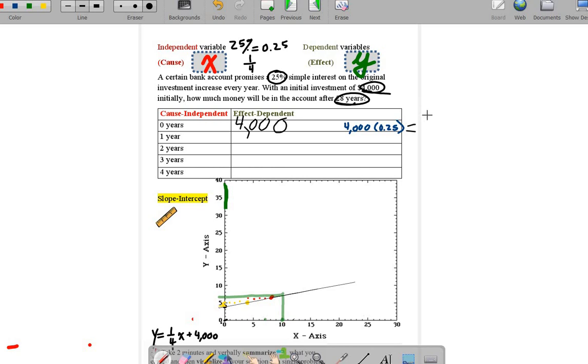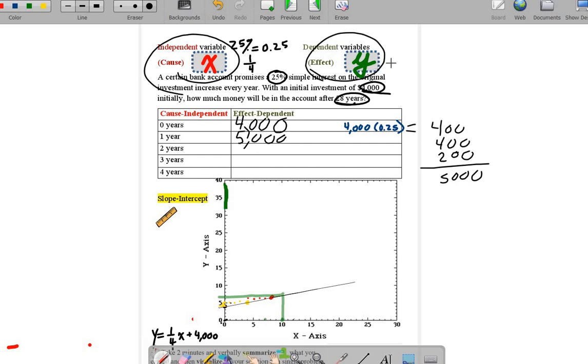So 10% would be 400, and another 400, and then 5% would be 200. So that would be 5,000. That's where we got after 1 year. Which if you look at the graph at 1 year, it's right there, which is true. So the main thing you need to remember is the x is the independent and y is the dependent.